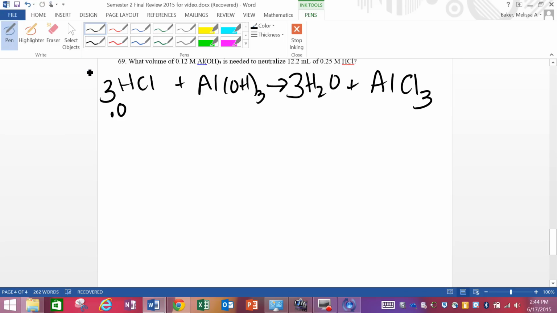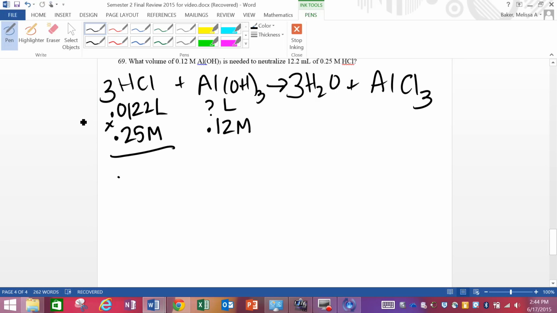This time we had to add 12.2 milliliters of a 0.25 molar solution of acid to neutralize, well, we're trying to calculate the volume this time. How much would we need to neutralize a 0.12 molar base? Liters times molarity.